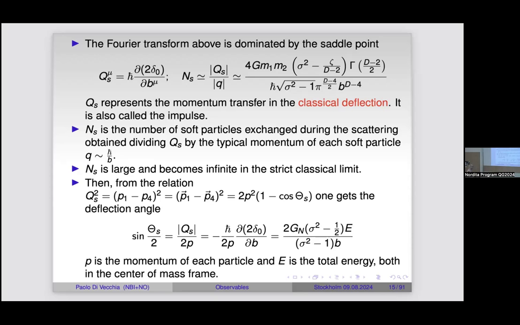And this expression diverges when h bar goes to 0, so it is infinite. Then from this Q, you can compute the deflection angle using this formula. You get something which is classical and doesn't depend on h bar. And this is the deflection angle keeping the leading eikonal.